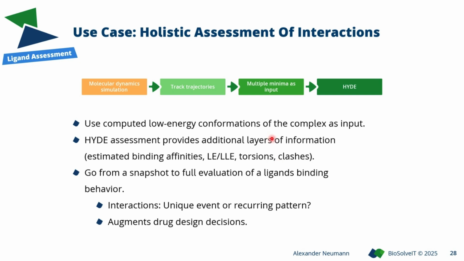So by doing so, you can also use HYDE to assess those complexes to check for recurring patterns or to identify unique events that are actually not really contributing to the overall binding affinity in the larger picture. Obviously, those are all things that augment your decisions when you are performing subsequent drug design.